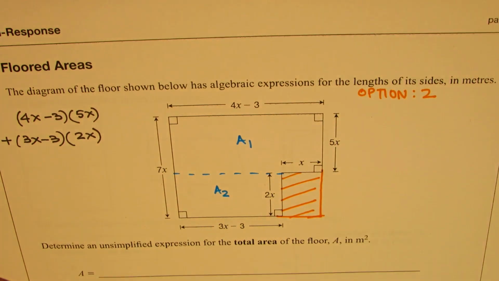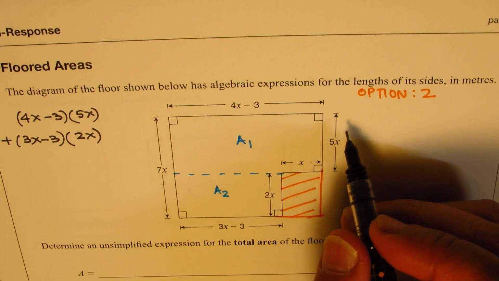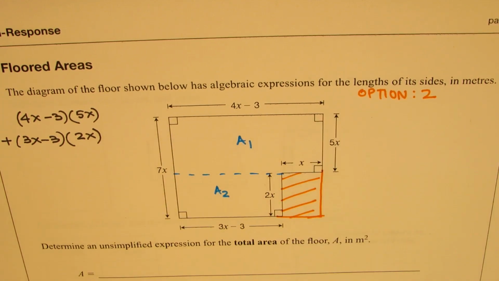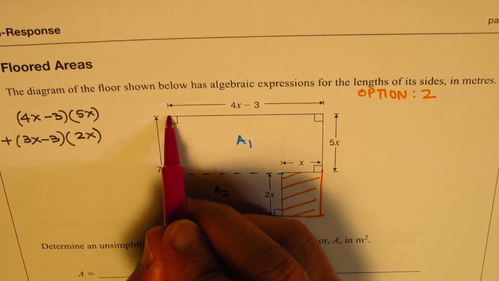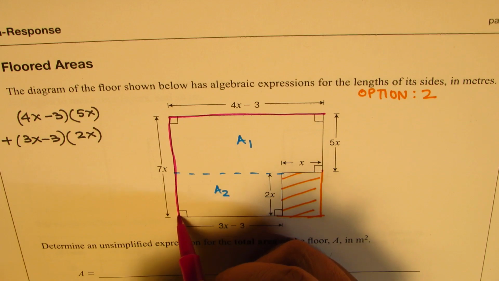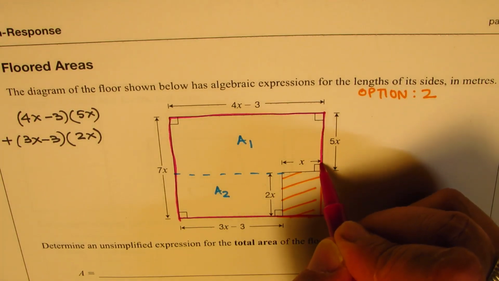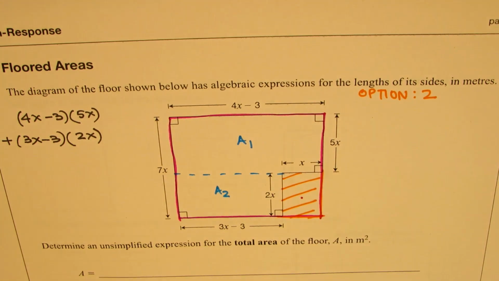In this option, we are going to find the whole area of the big rectangle, since the sides are different. We'll find this area, and from that we are going to take away a small rectangle.